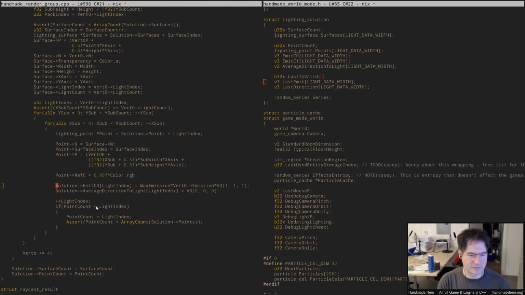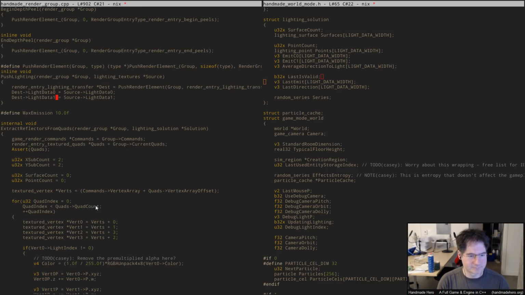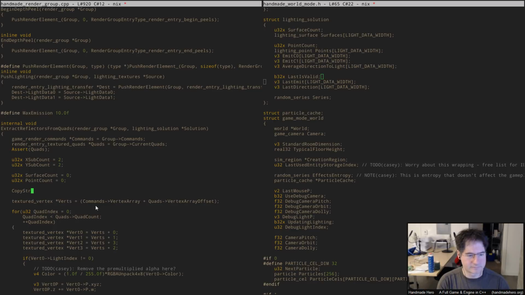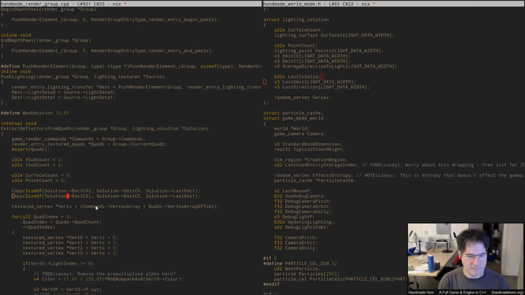In fact, you know what? I don't even need to do this. Let's just copy it. Do I have a copy struct? I guess I don't. So I'm going to take emit C0 and copy it. Oops, that's not what I wanted either. I wanted average light direction.